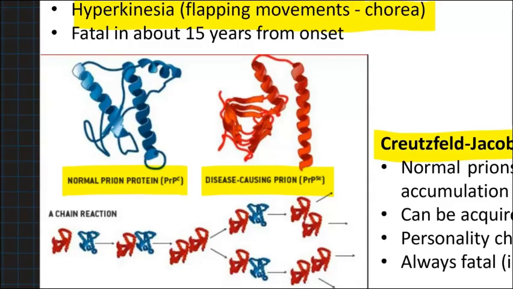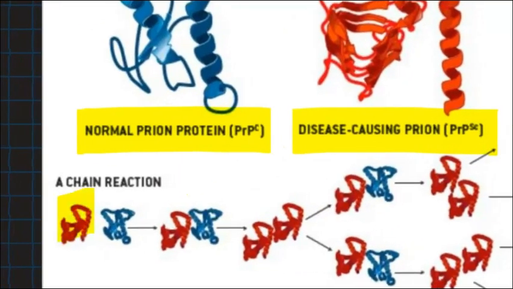The general name for those pathologies is spongiform encephalopathy, sponge-like brain disease. What's cool about that is that when an abnormal and a normal prion protein interact, the abnormal one turns the normal one into the bad guy. So it's a chain reaction.